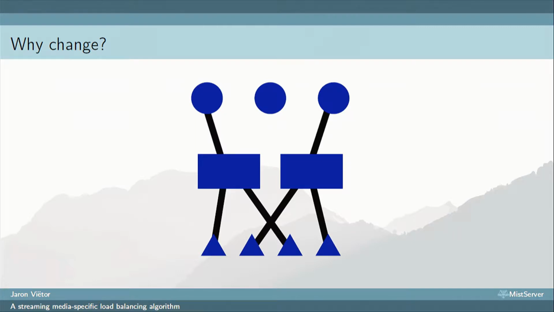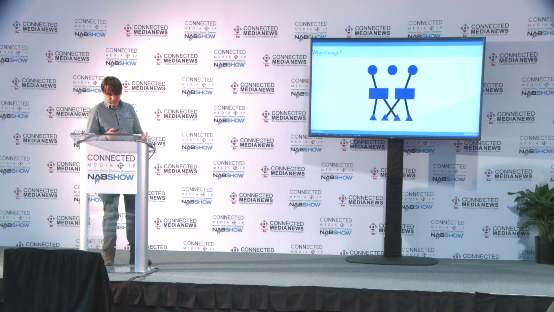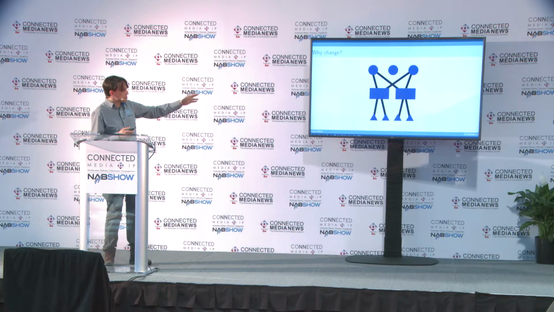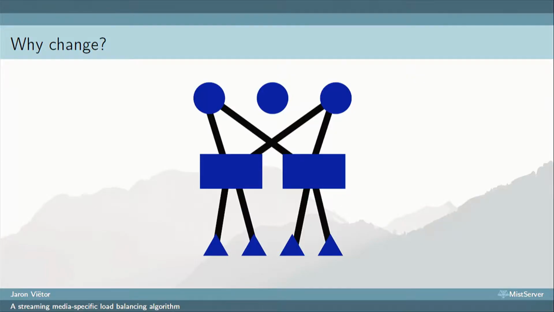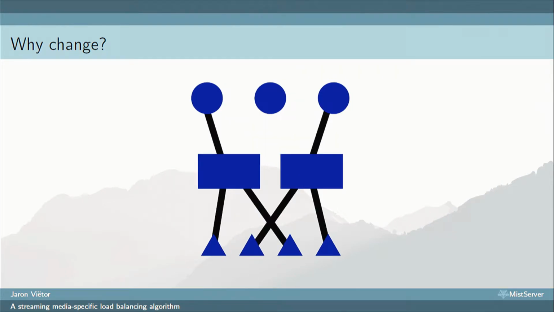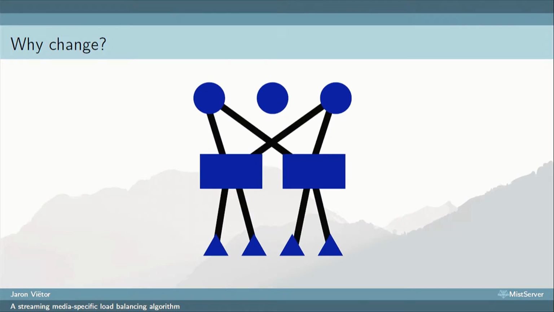But if your balancing happens wrongly, what can happen is that this connection gets made. You still have 2 viewers per server, but each server has to connect to both of the streams. Now, this is clearly not the most efficient anymore, because in this case, both servers are requesting both streams, when if you had spread the viewers over the servers differently, you would have been in this situation where there's less connections and less bandwidth being wasted.